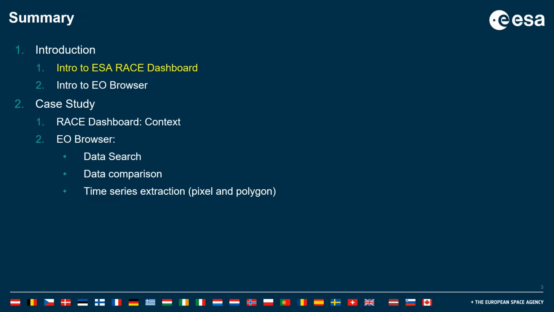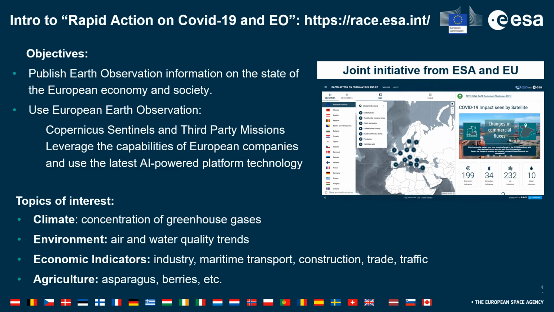Let's then go with the ESA RACE dashboard. RACE dashboard stands for Rapid Action on COVID-19 and Earth Observation. On the title of the slide, you can find the link to access the platform. Now, what are the objectives of this dashboard?